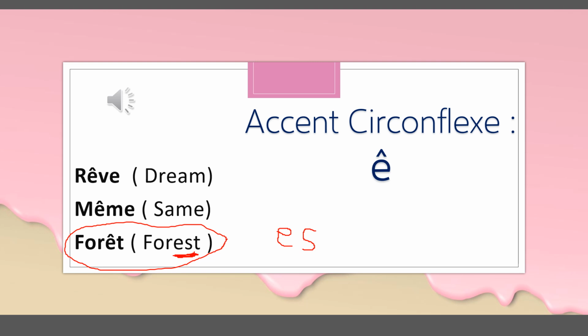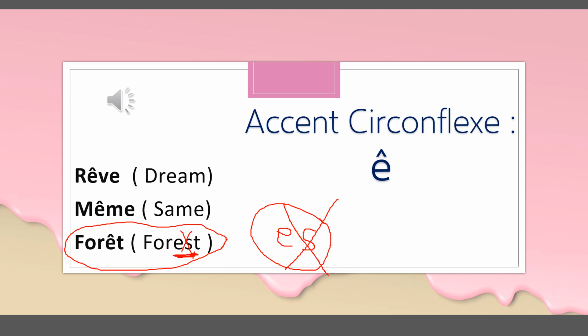So it's just to mark a vowel that will mark a place where the S used to be, but then the S became silent and eventually the S disappeared. It's like a drop of an S. Okay?